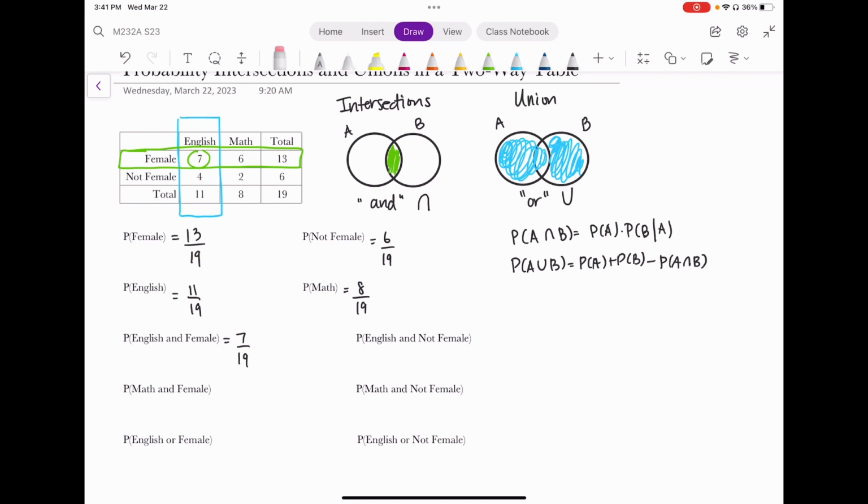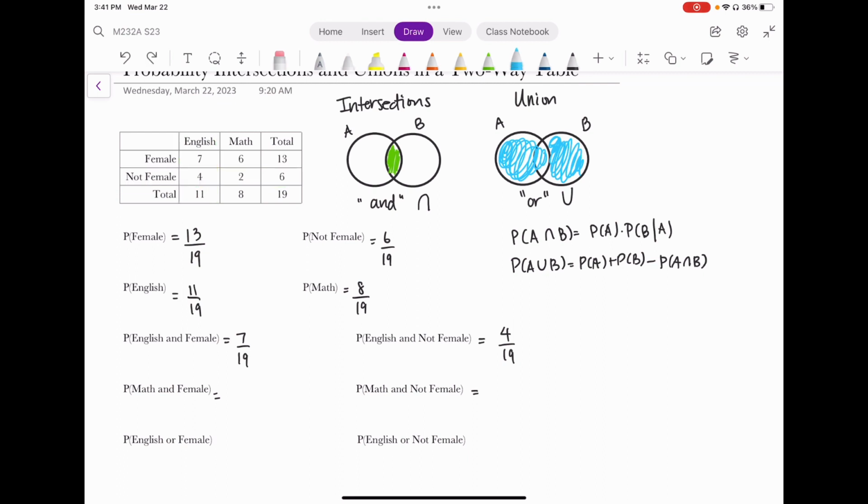We can use the same approach for English and not female. So our English preference here, and then the not female group here, where they intersect, those are the 4 that prefer English and are not female. And notice that my denominator is not changing. I'm not doing anything conditional. I'm just talking about the group overall.